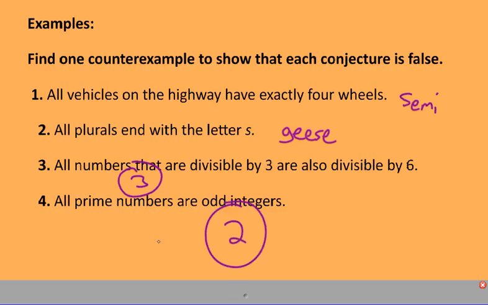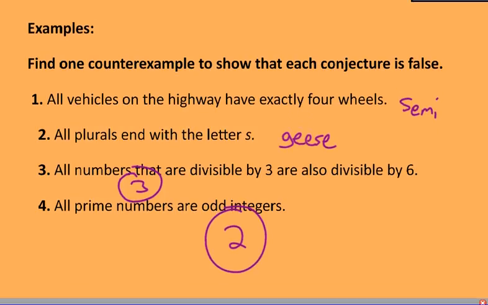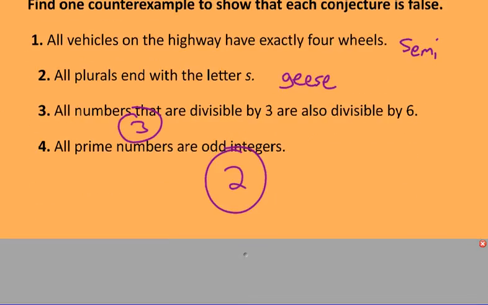There you go. 2 is the first prime number. We have 2, 3, 5, 7, 11. They're pretty much all odd except for the first one. So those are counterexamples, examples that show that the conjecture, that educated guess or statement, is incorrect.